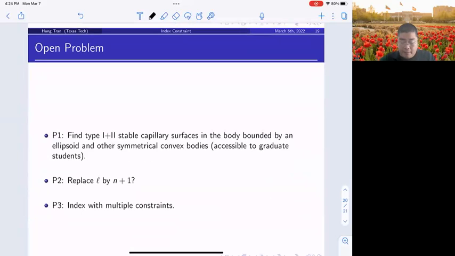The third problem here is about index with multiple constraints. We had an abstract formulation for index with one constraint, and we can apply this theorem repeatedly to obtain a version for index with multiple constraints. However, in order to do that, we need to verify that nice assumption at multiple levels.